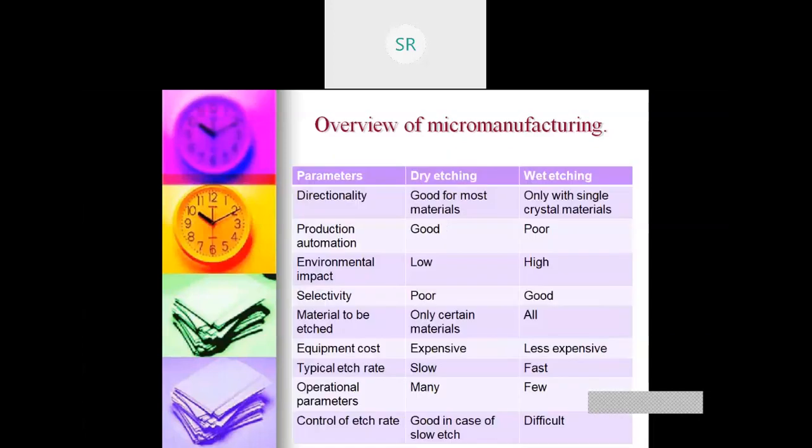And finally, the difference between dry etching and wet etching. Any doubt you can clarify? From the exam point of view, plasma etching, deep reactive ion etch, and the difference between dry and wet etch are very important.